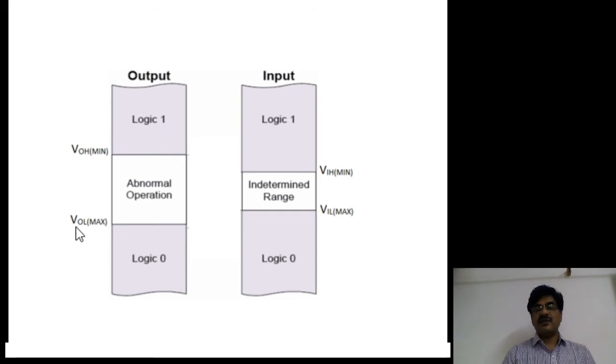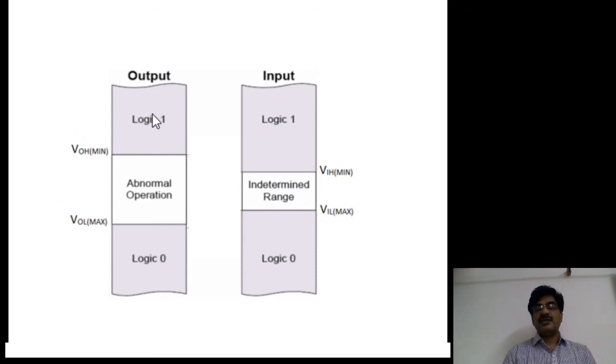Let us see why VOL is the maximum. This is the range for logic 0, and this is the maximum value under logic low. That's why VOL is the maximum low level output voltage.